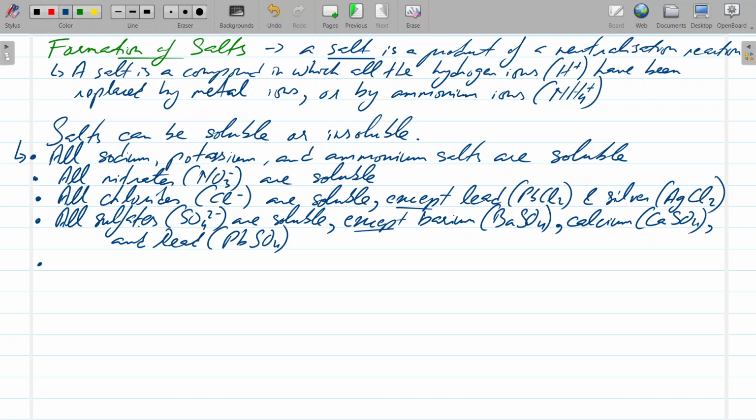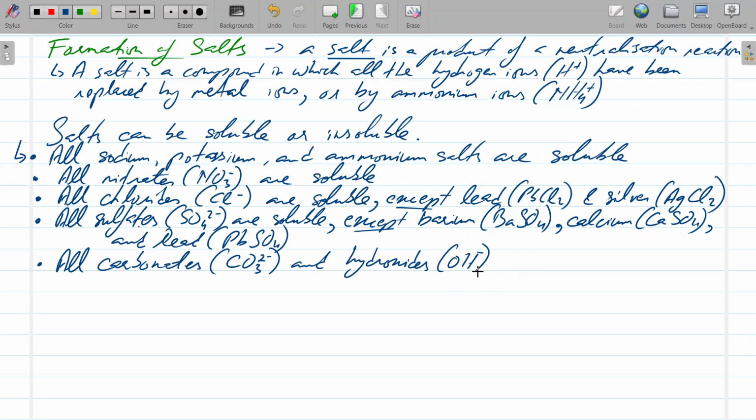And then you've got all carbonates and hydroxides. All carbonates, so that is the CO3 2 minus, and hydroxides, that is the OH minus, are insoluble.